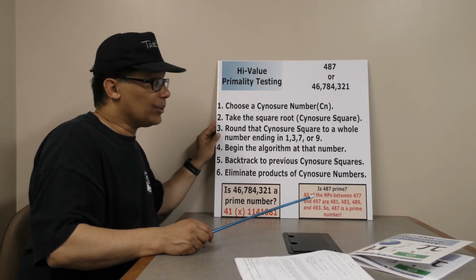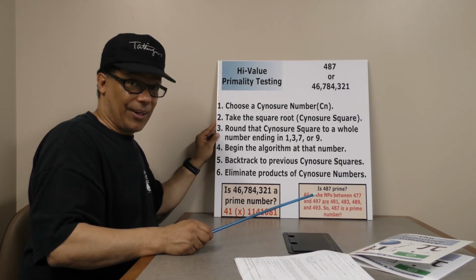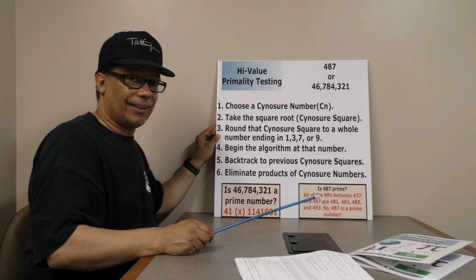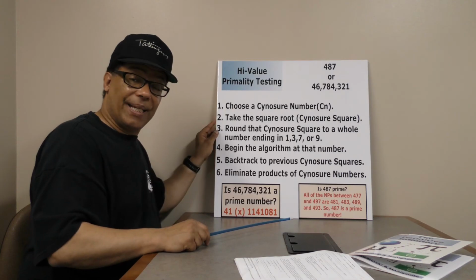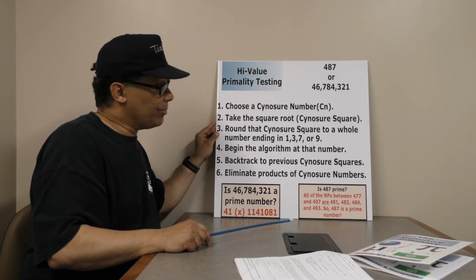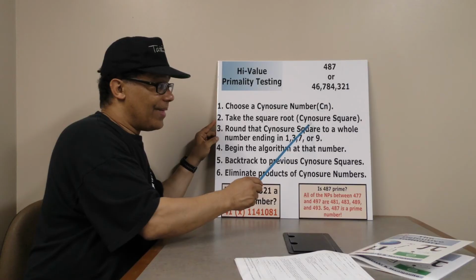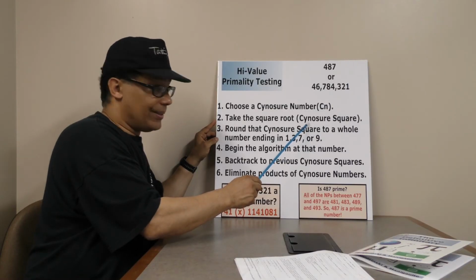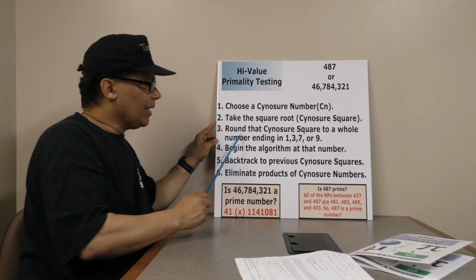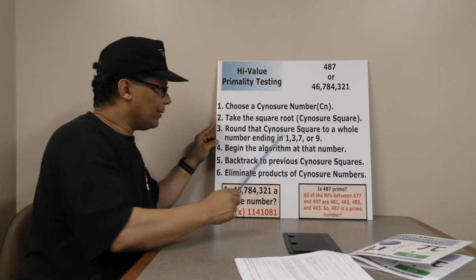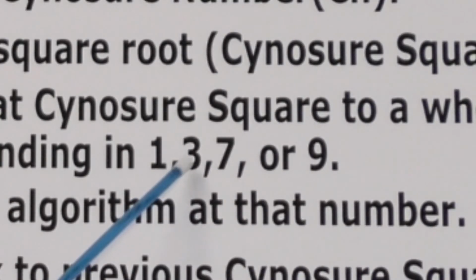So if we use the retrorsum proof, we would have to start at 6,839 and work our way backwards. But here, I would like to use the process proof. We have already discovered the cynosure square. That is 6,839. So we round that cynosure square to a whole number, ending in 1, 3, 7, or 9.